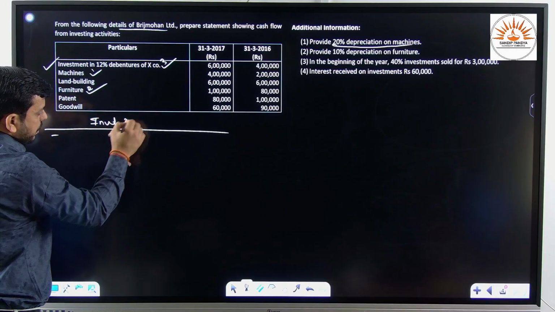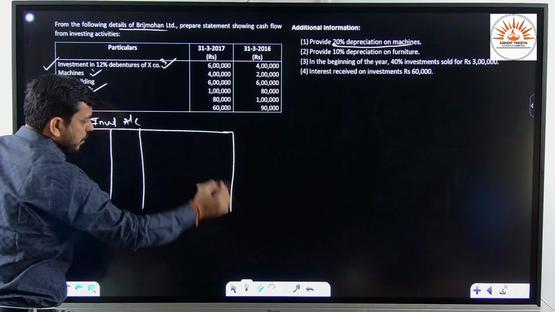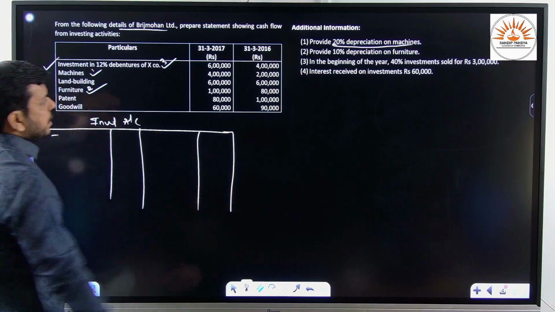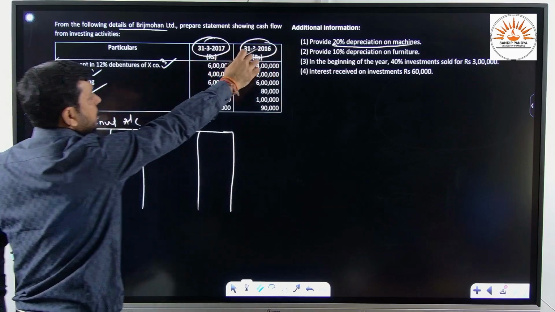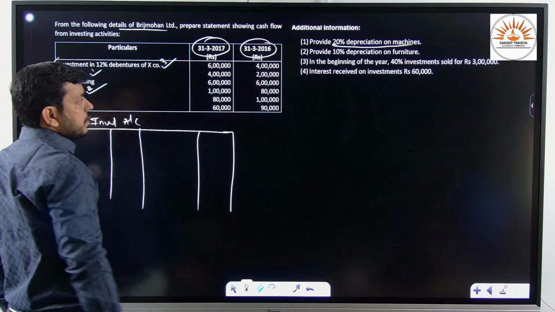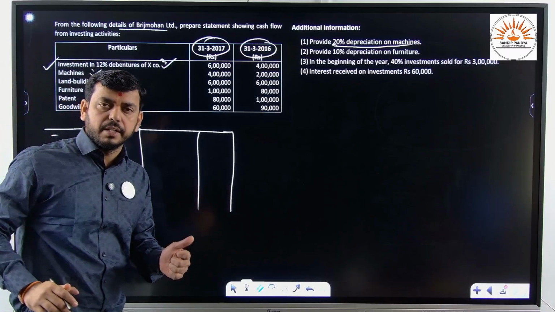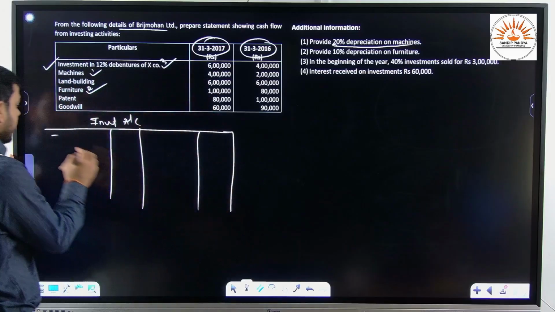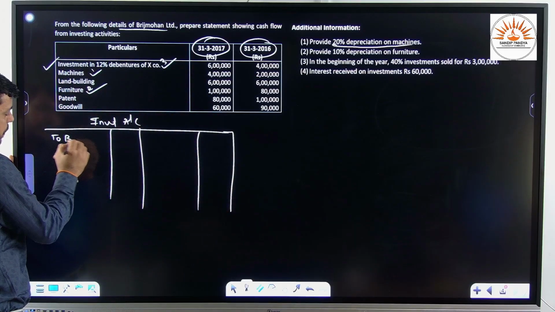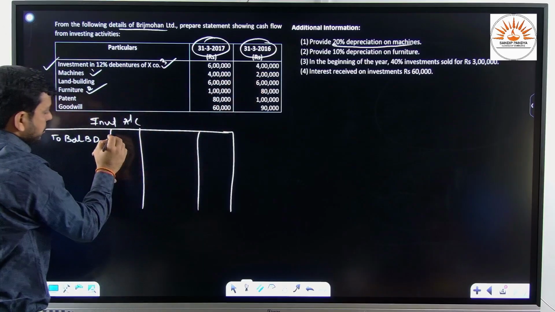Here we shall write opening value and closing value, as we can read 31st March 2016 and 31st March 2017. This 31st March 2016 is the opening value, and as we know, investment is also our asset, a non-current asset, which will always show a debit balance, so on the debit side we shall write balance brought down. So what is the opening value? That is rupees 4 lakhs.